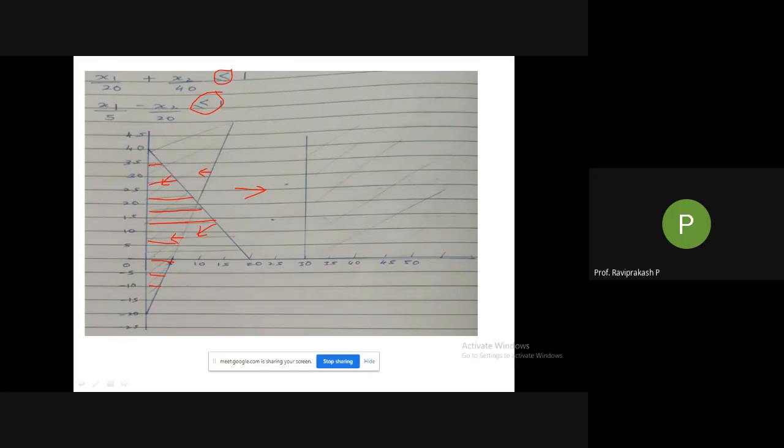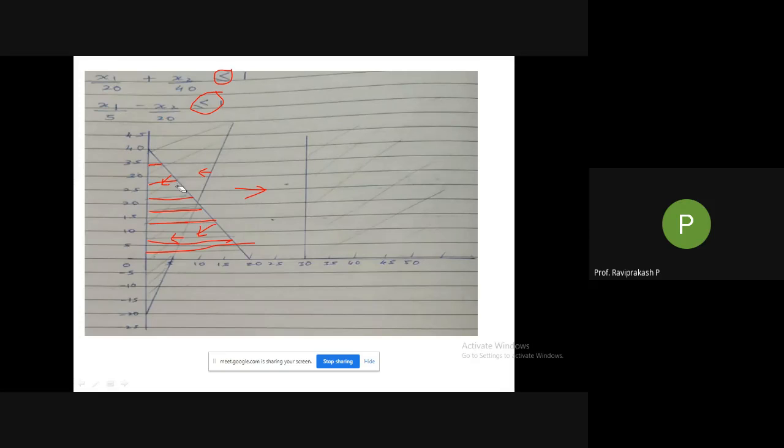Sorry, it is only till here. This will not be there, I'll just erase it. These three lines will not be there. The area under this particular line is this, from the origin, starting here till this particular triangle.